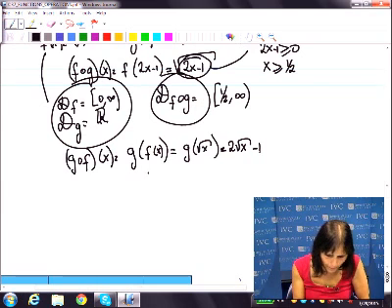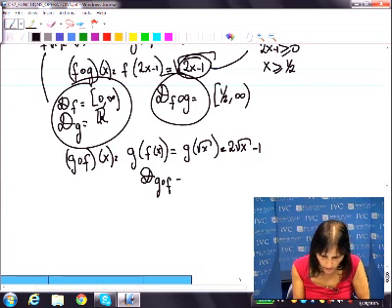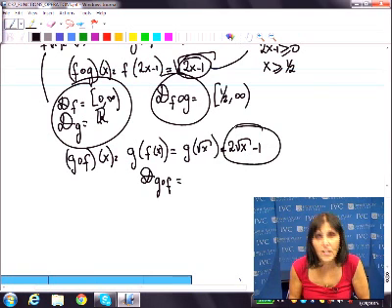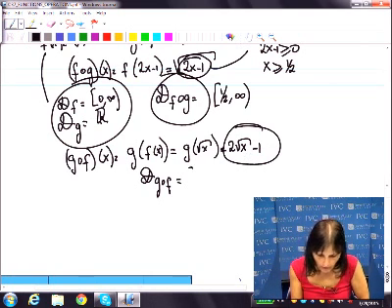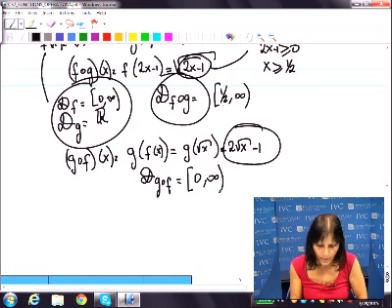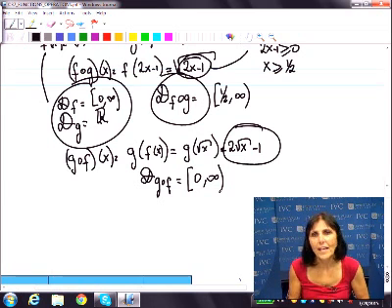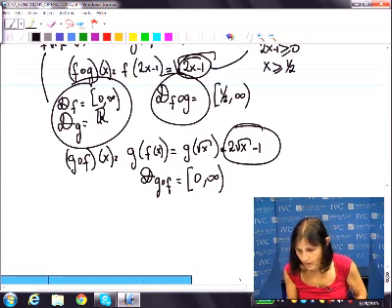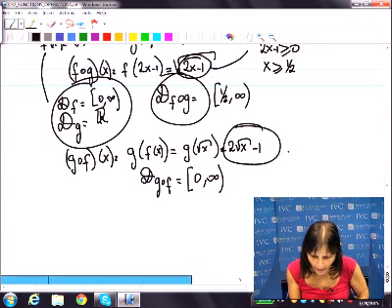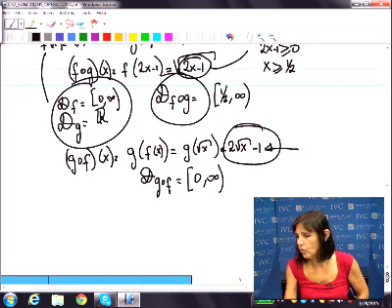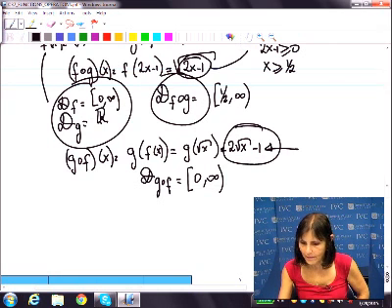What will be the domain of g composite f? That's going to be the domain of f. What is it that you cannot put in? It has to be 0 to infinity. All right? So pay attention to that. So when you do problems, make sure that you look at your final function and write down the domain looking at that.